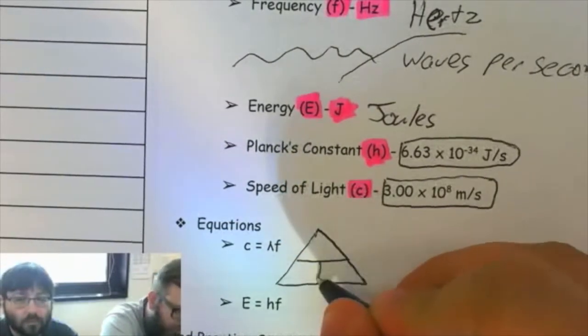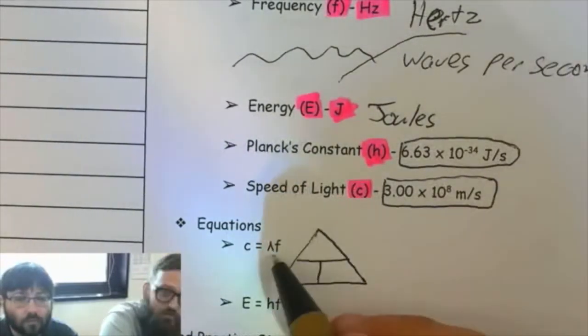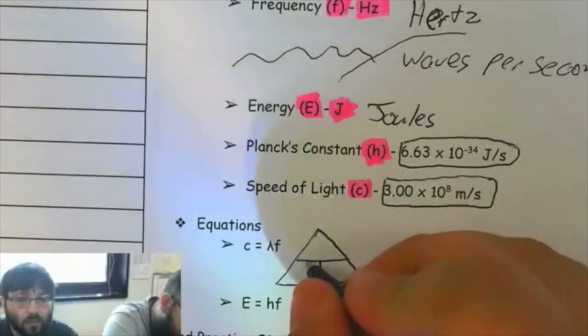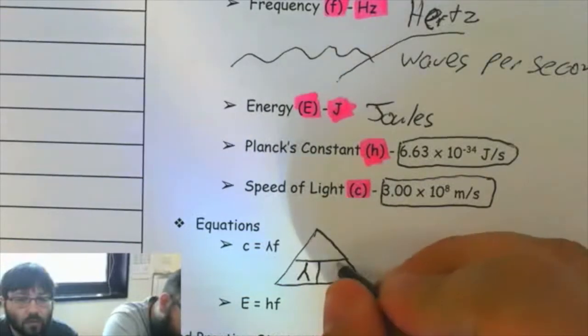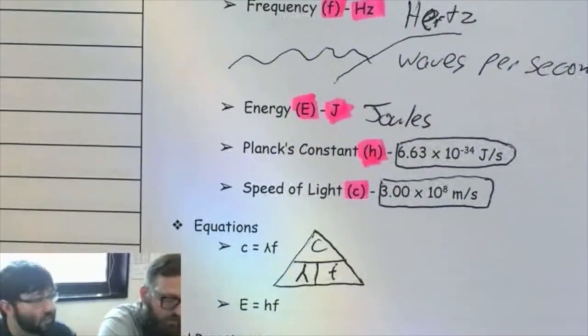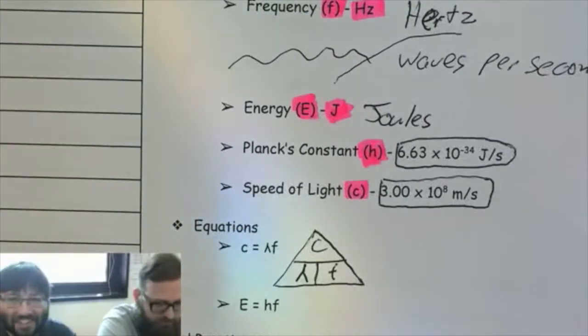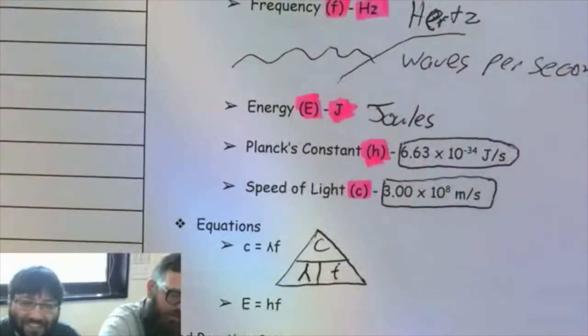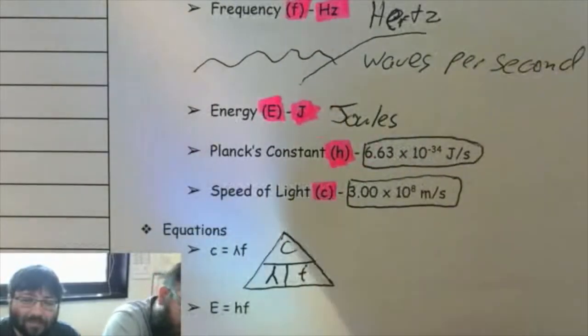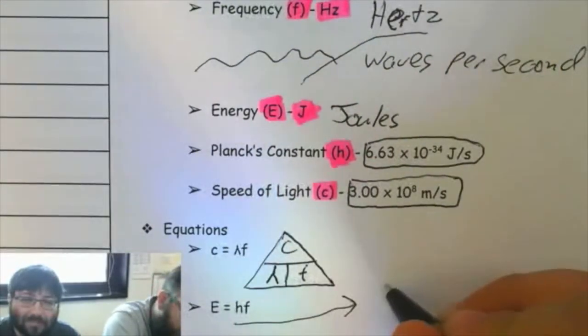So that'll make it a little easier. The two things that are next to each other always go on the bottom of the triangle. So my lambda goes on bottom here, my frequency goes on bottom here, and then the C is on top. So everything's under the C. Under the C. Okay. And then our other formula is E equals HF. I'm going to draw its triangle over here so I have a little bit more space.